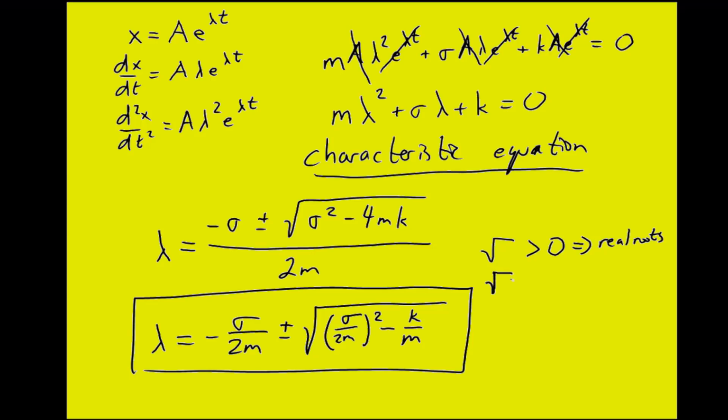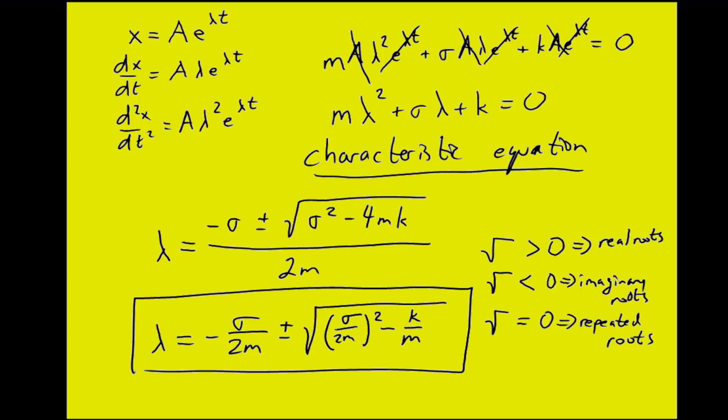If the terms under the square root sign are less than 0, we'll get imaginary roots to our equation. And if the terms in the square root sign are equal to 0, we'll get repeated roots. Each one of these cases will lead to a solution that has a different form than the other ones.